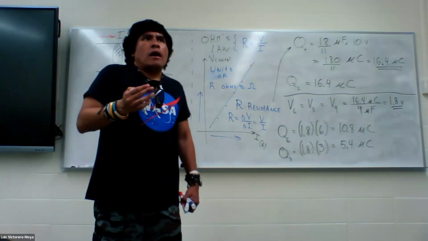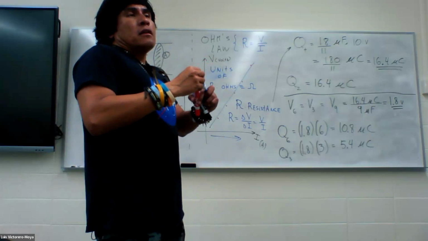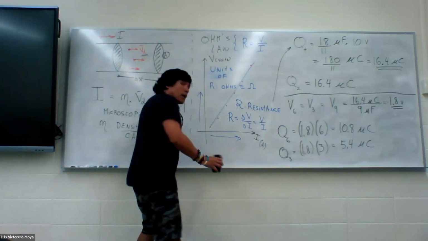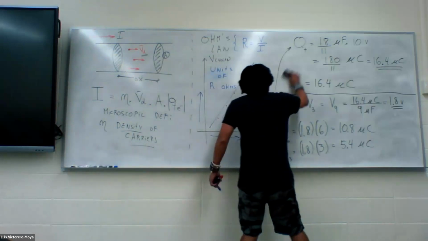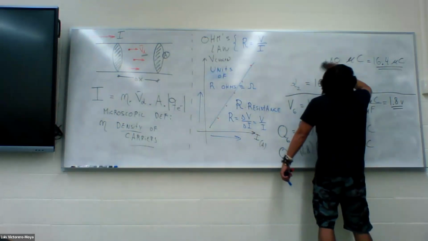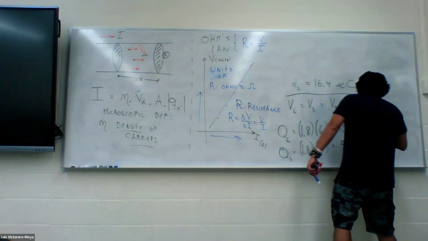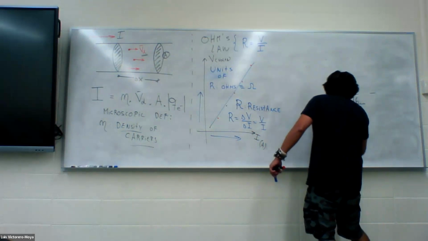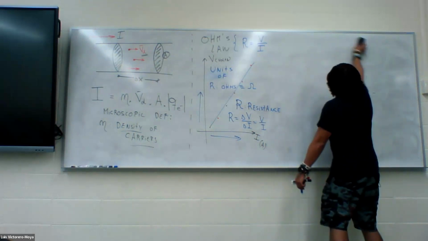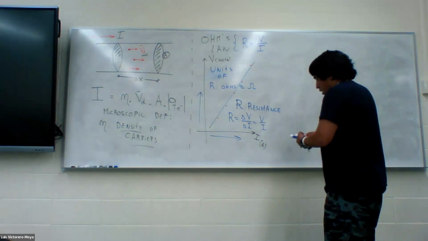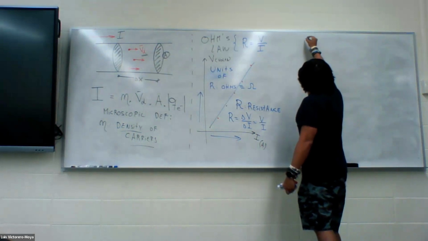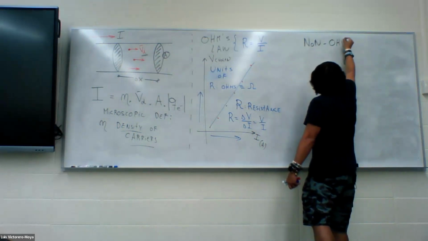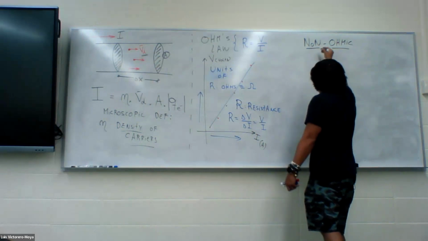So what about a non-ohmic material? A material that doesn't follow Ohm's law. What you will see, for example, with a carbon resistor or a light bulb, is this. So if you were to plot, let's suppose you have a non-ohmic device, resistor.